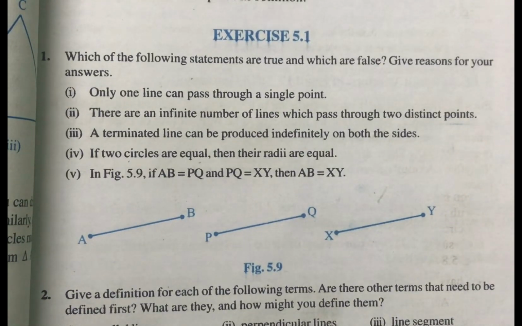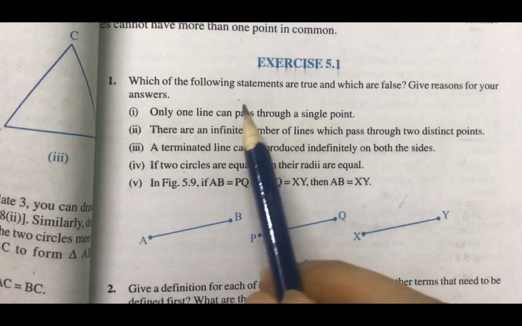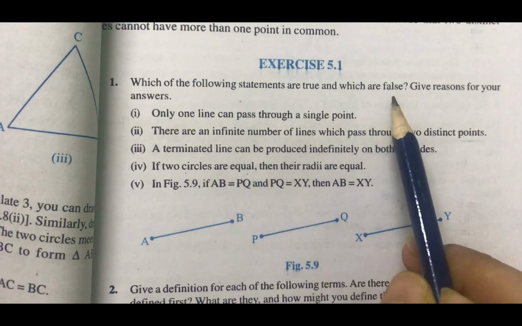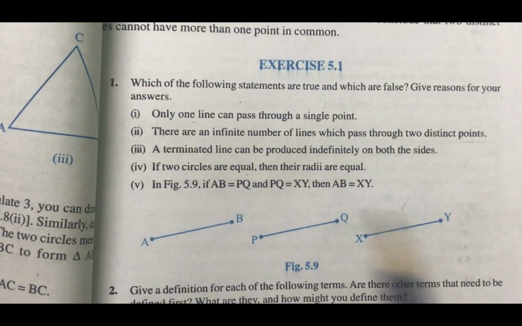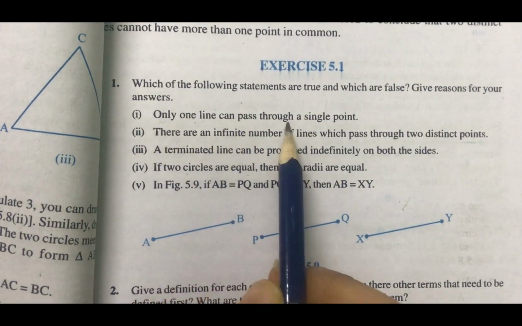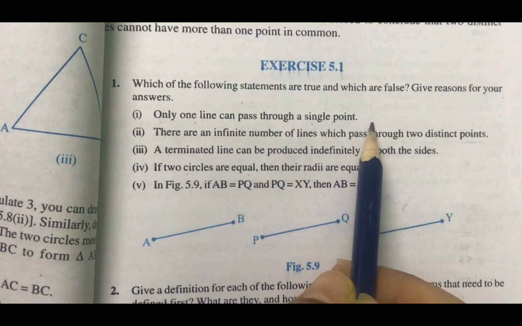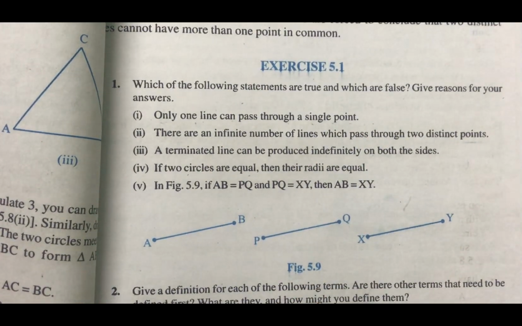So let's get started. The first question is, which of the following statements are true and which are false? Give reasons for your answers. First statement is, only one line can pass through a single point. Is it true or false?